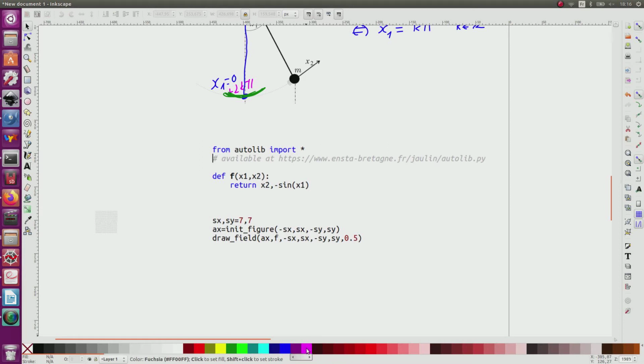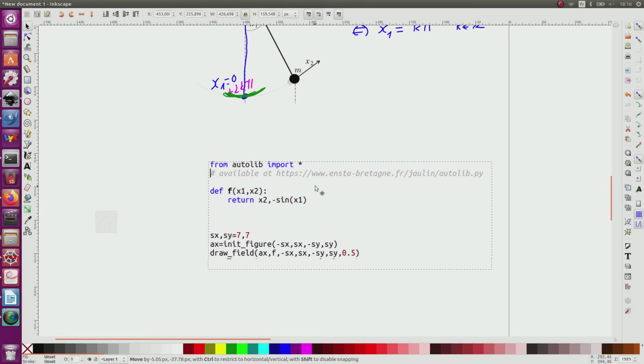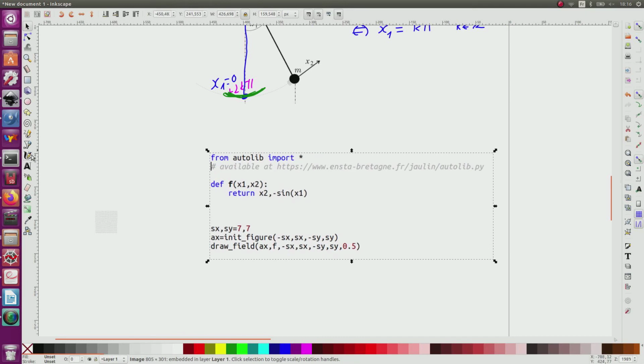I have here the evolution function of the pendulum, which corresponds to f of x. As an input, I have x1, x2, and as an output, I have two floats. So it corresponds to what we call in Python a tuple.